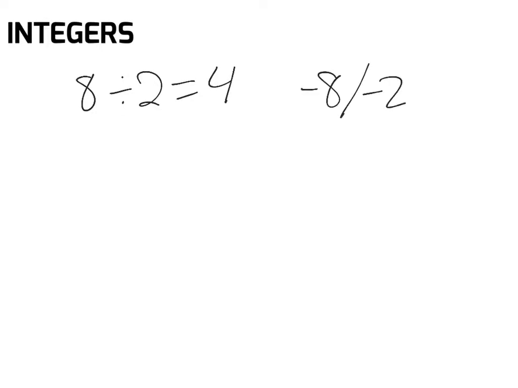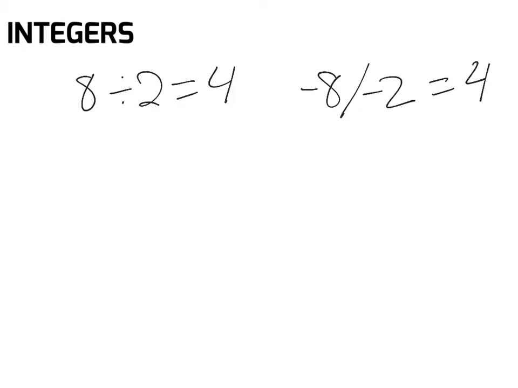I'm going to go ahead and talk about 1.5, which is dividing integers, because it follows the exact same rules as your multiplication of integers. So if I have 8 divided by 2, I'm going to get 4. If I have negative 8 divided by negative 2, I'm going to get 4.